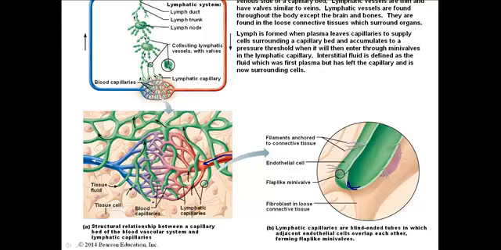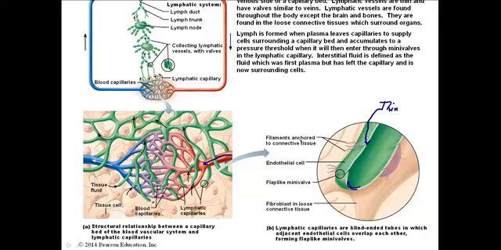Again, lymphatic capillaries are blind-ended, and they originate mostly on the venous side, but you can see they're over here as well. They're in the capillary bed. These vessels here are very thin walled, with one layer of endothelium.